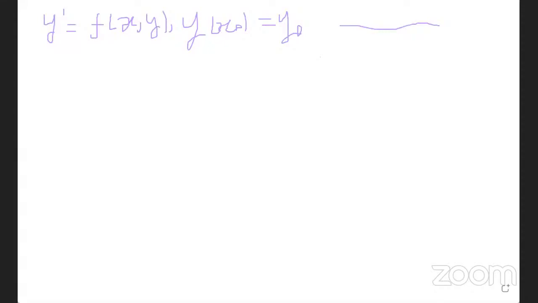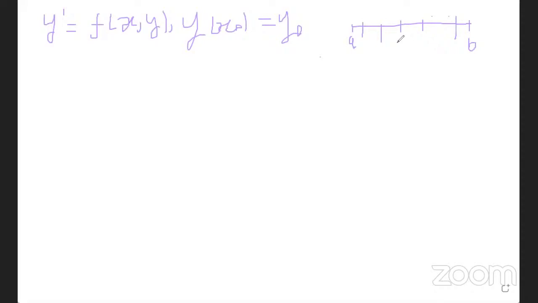My drawing is very rough. Suppose this is our domain, from a to b, and for the time being we keep uniform steps.